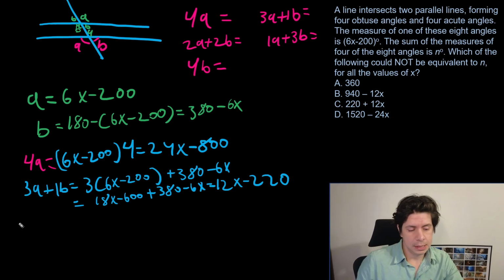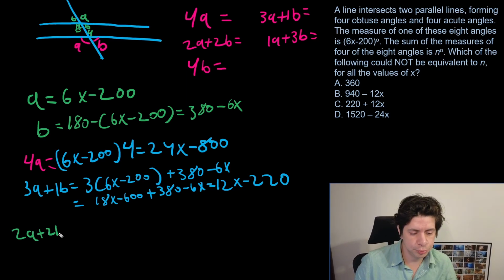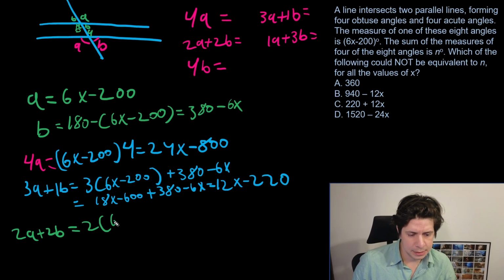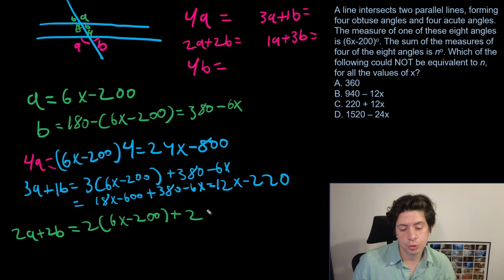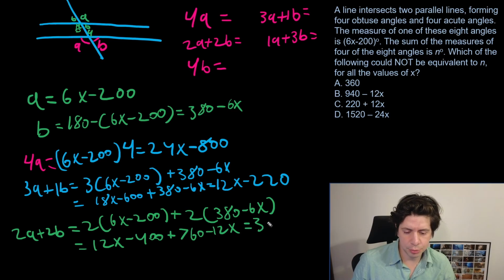We'll keep going. Then we'll do 2A plus 2B, and that's going to be 2 times (6x minus 200) plus 2 times (380 minus 6x), and that will be 12x minus 400 plus 760 minus 12x, and that's going to get us 360.